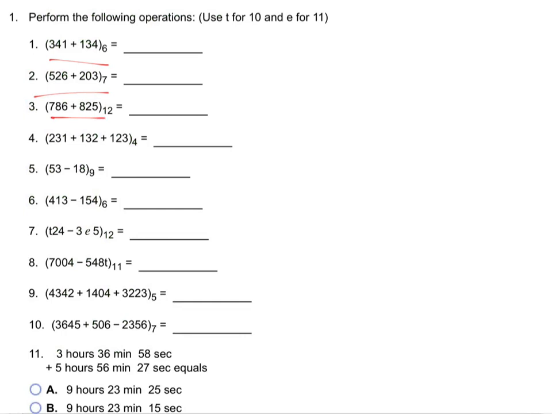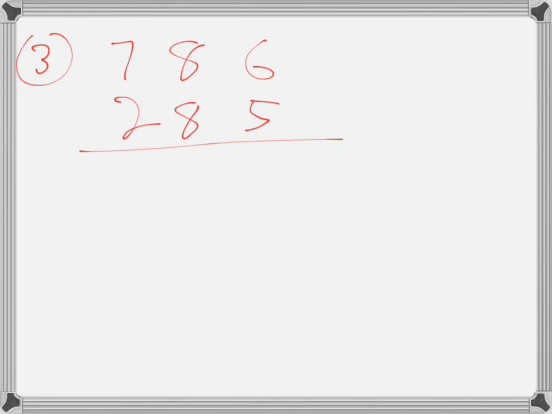Number 3 is 7, 8, 6, 2, 8, 5, base 12. Let's try to add in base 12. So when you carry in base 12, how much are you going to carry?